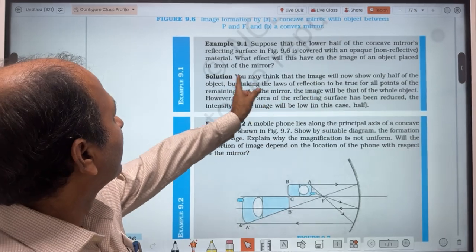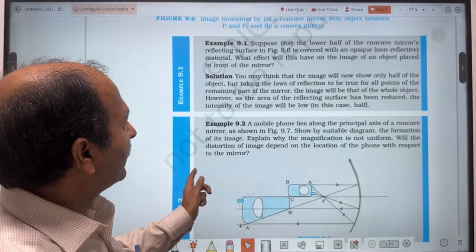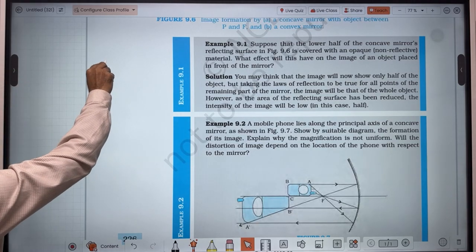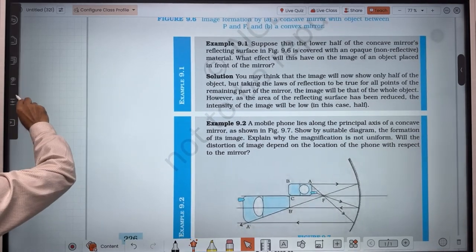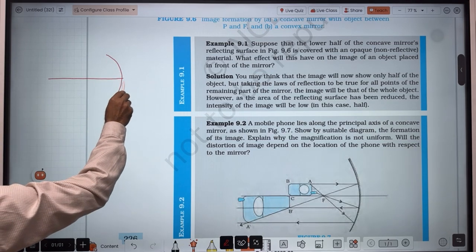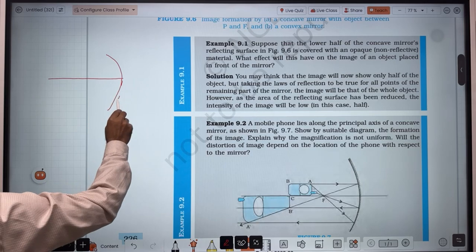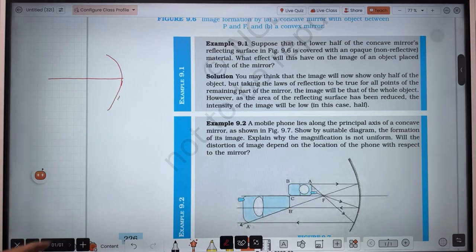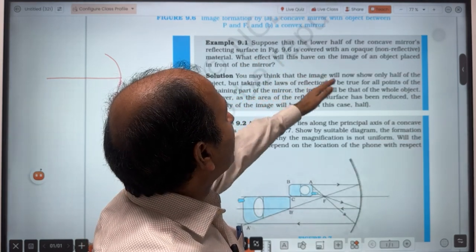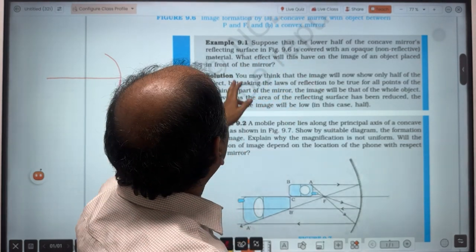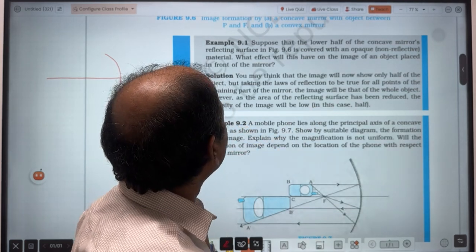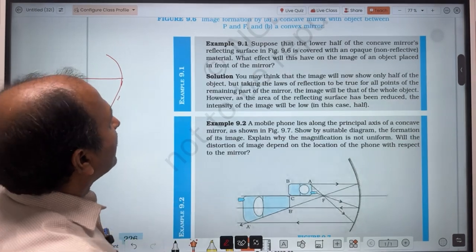Suppose that the lower half of the concave mirror's reflecting surface, in the figure, you can consider any figure, suppose we are talking about this figure. Suppose we consider it like this. So if the lower half, this portion, is made black, they are saying that this is covered. Suppose that the lower half of the concave mirror's reflecting surface is covered with an opaque, non-reflective material. What effect will this have on the image of an object placed in front of the mirror?